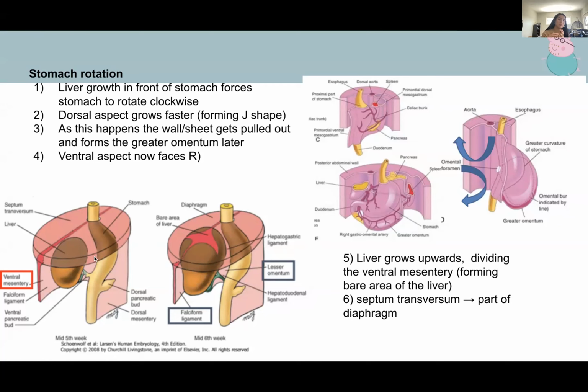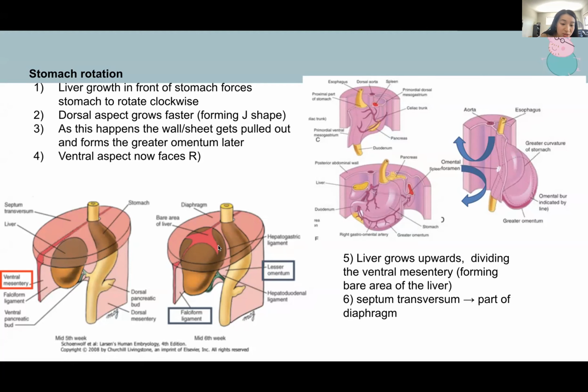This big swelling is growing upwards and outwards, so it's pressing on all the other swellings. And the liver will grow upwards into what is going to become the diaphragm, the septum transversum. And that's what causes the bare area of the liver, by the way, because it kind of splits into ventral and dorsal.